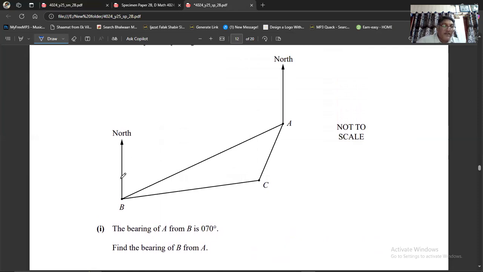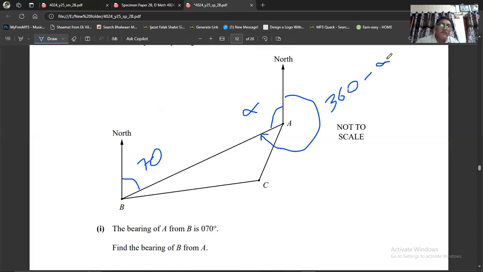I will try to find out this angle. It is given that the bearing from B is 70. Okay, so I will try to find out this angle. Let me call it alpha. And then from 360, I will subtract the alpha, and that will give me the bearing of B from A. Okay, so this is the strategy for the first question.